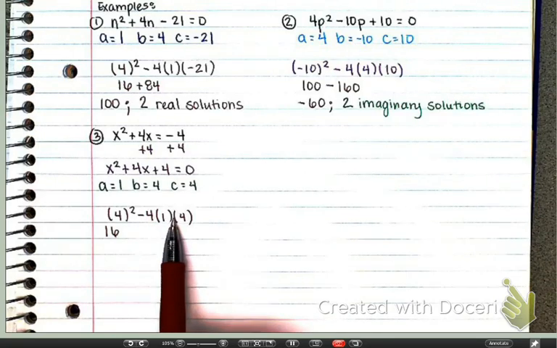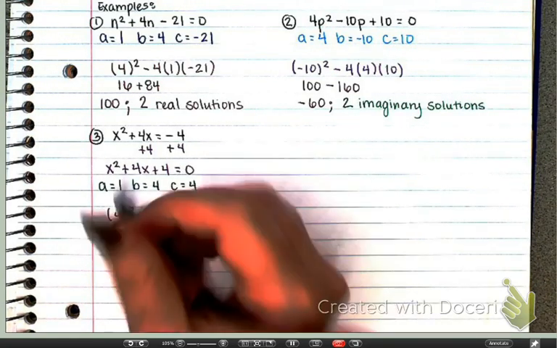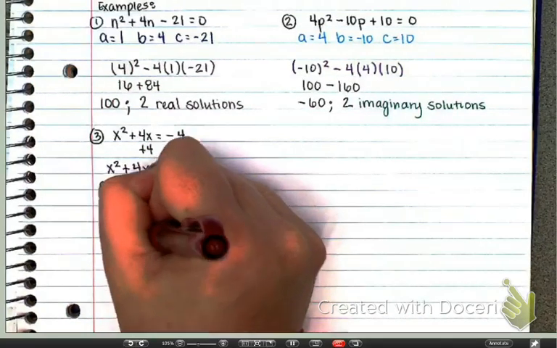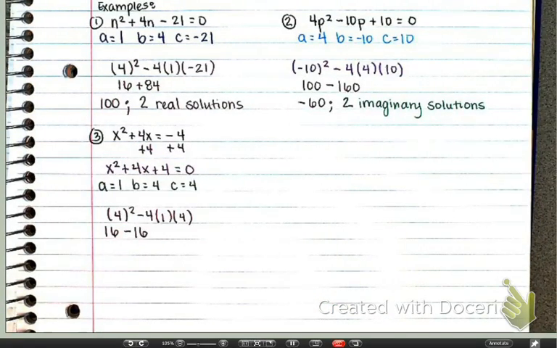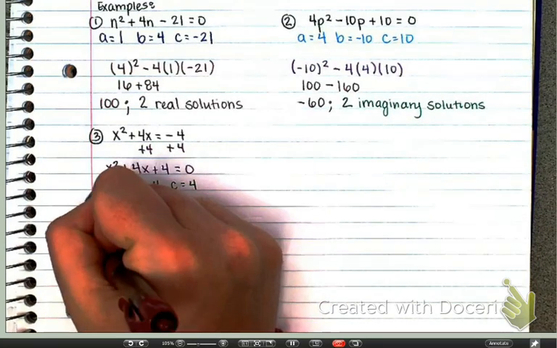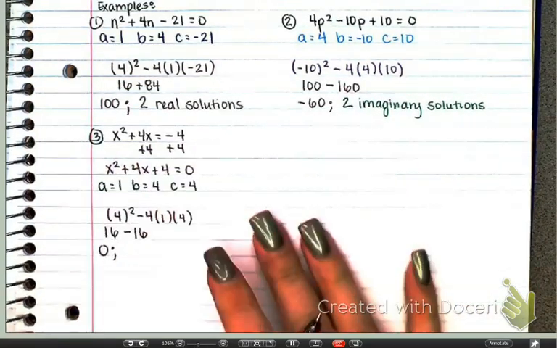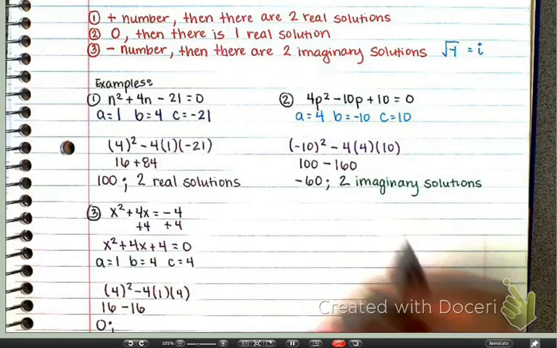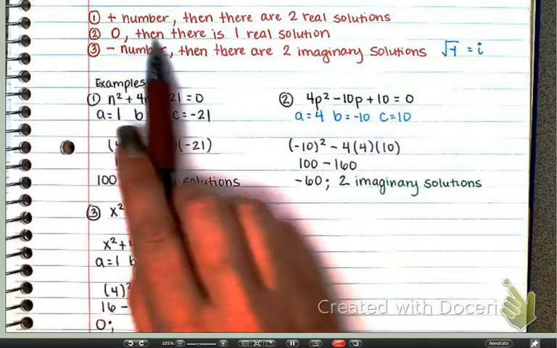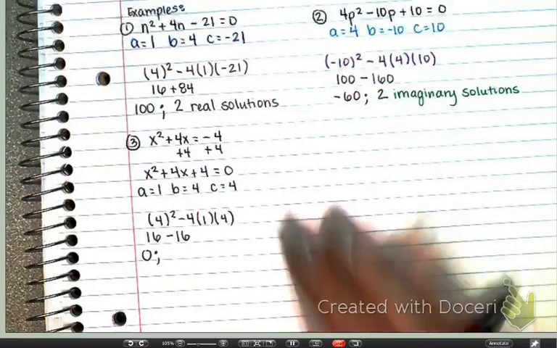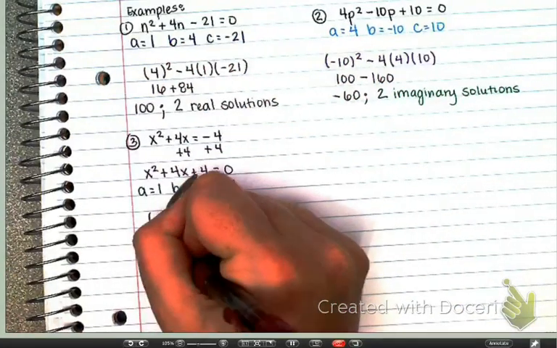Negative 4 times 1 is negative 4. Negative 4 times a positive 4 is negative 16. 16 minus 16 gives me 0. So my discriminant is 0, and I'm going to come back up here. 0 means I have one real solution.